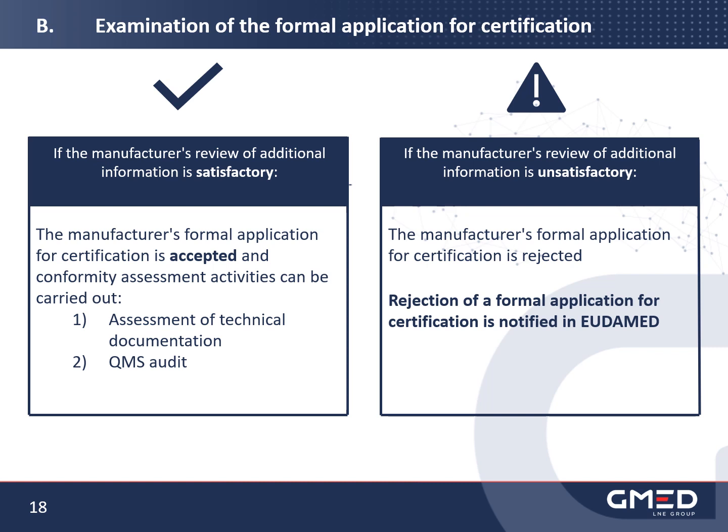However, if the examination of the additional elements is unsatisfactory, the manufacturer's formal application is rejected. In this case, the certification process stops at the formal application stage. Please note that rejection of a formal application for certification is systematically notified in EUDAMED by the notified body.